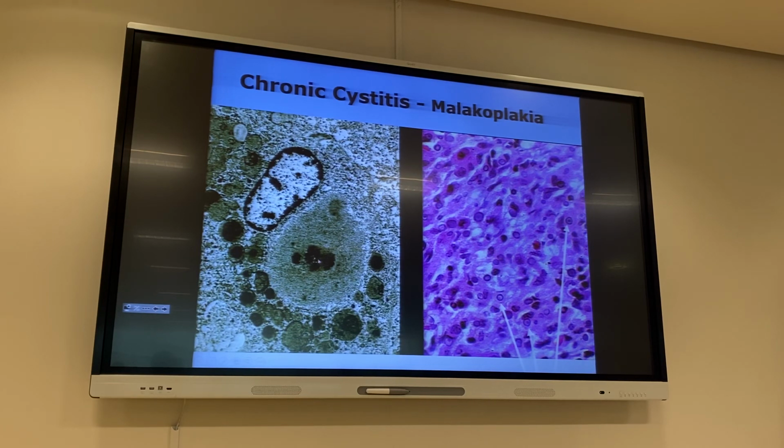In the middle of it is where the organism was, and then on top of it are these very dark structures, the heavy metals that we talked about, the iron and the calcium and everything else, surrounded by amorphous proteinaceous material right here, and that structure is the Michaelis-Guttman body. This is what you're going to be seeing of malakoplakia when it arises anywhere in the body, the same exact finding.